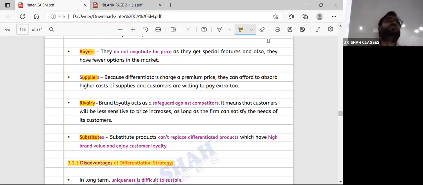Number 2, easy point. Charging too high a price for your product will shift the customer from your product to a competitor's product. Many iPhone users have now shifted. Why? Because now they have started charging for the charger also. Earlier, AirPods.